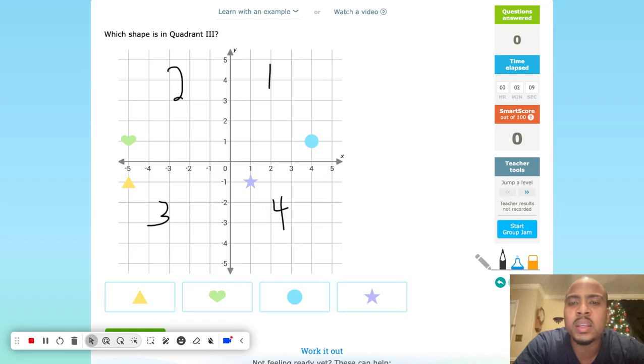Instead of saying section, we'll say quadrant. So this would be quadrant 1, this would be quadrant 2, this would be quadrant 3, and this would be quadrant 4. So if I say the circle is in quadrant 1, the heart is in quadrant 2, the triangle is in quadrant 3, and the star is in quadrant 4.